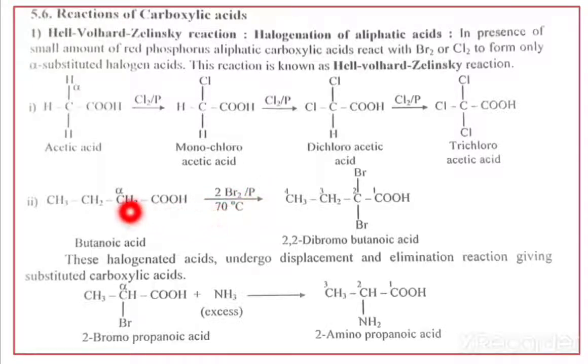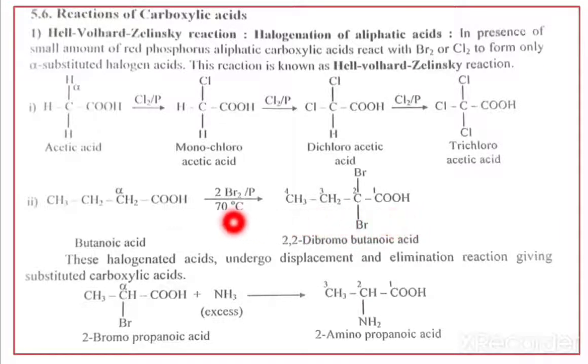So here it's very simple. Here adjacent to this C double bond OH group, that means here the 2 hydrogen adjacent to this carboxylic acid. So again we replace these 2 hydrogen by bromine, and finally here we get the 2,2-dibromobutanoic acid. This is the final product.